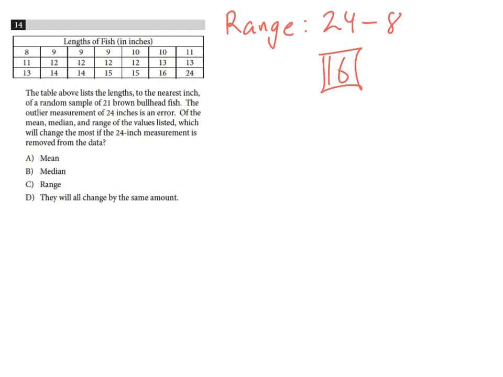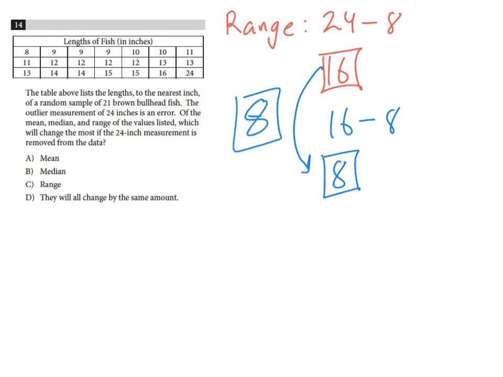Now, if we remove that outlier of 24, the new range would be 16 minus 8, or 8. So the range would change by 8. It would decrease by 8.